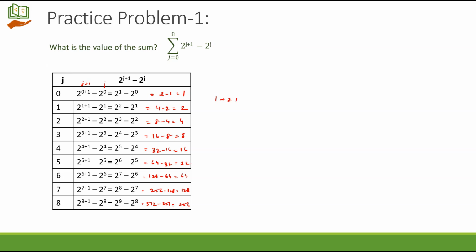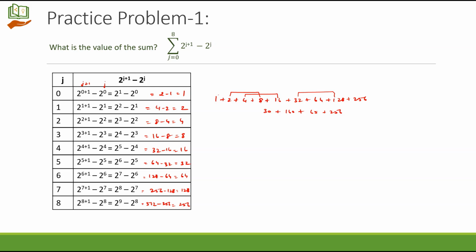1 plus 2 plus 4 plus 8 plus 16 plus 32 plus 64 plus 128 plus 256. This will be 20, this will be 10, so it is 30. 128 and 32 will give 160, plus these two together will be 65. Then you have 256.